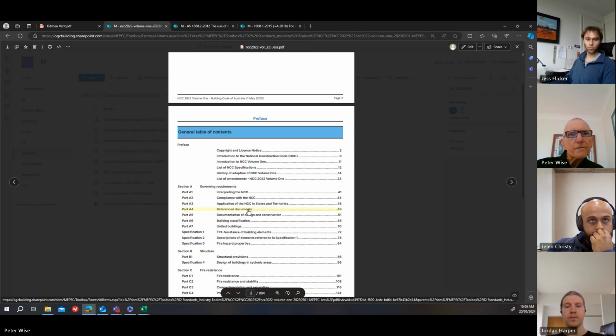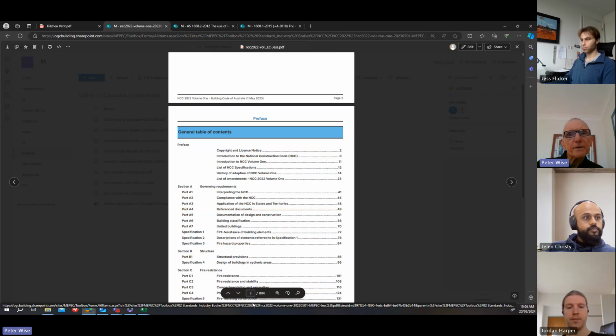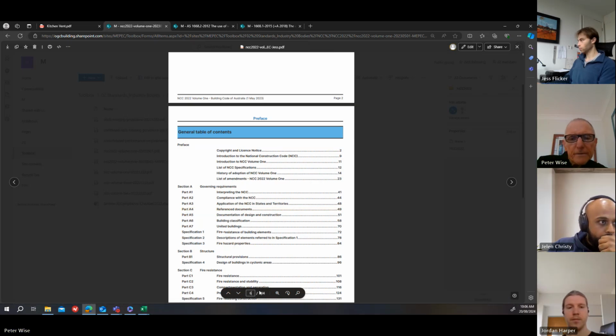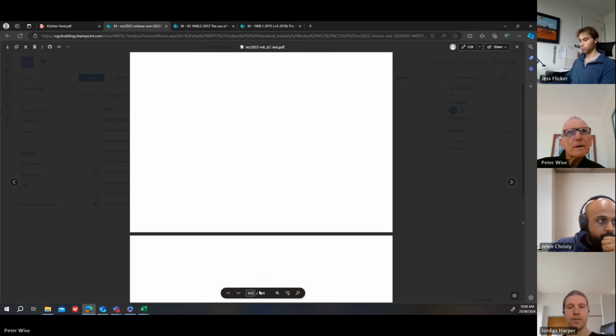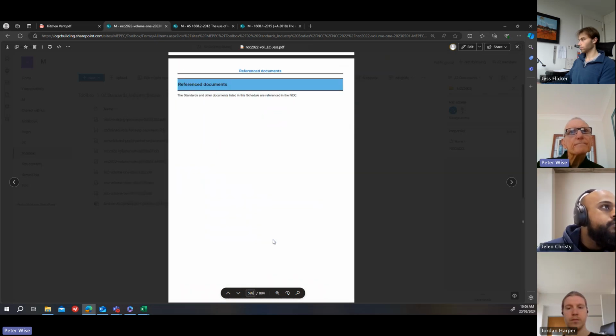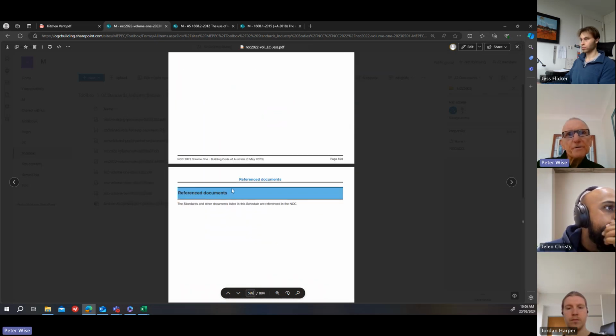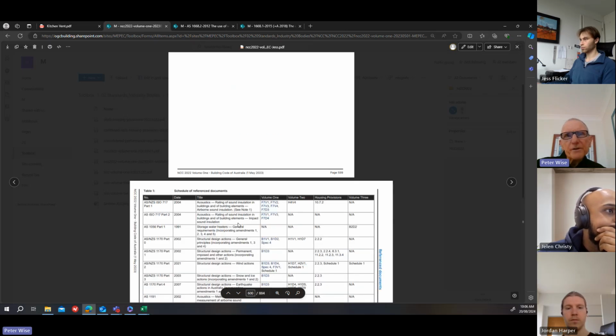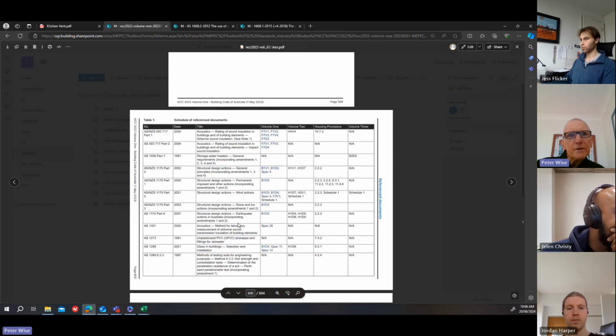Now, if you go through the process, you'll find that this refers to Schedule 2. And just to save time, I know where Schedule 2 is. It's on page 603. So I'll just go to that. And here we are. This is referenced documents. You'll find links in there if you want to find where these documents are.